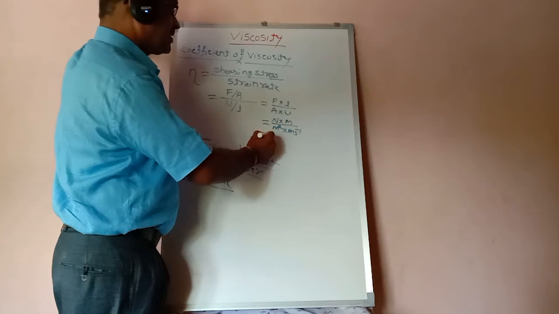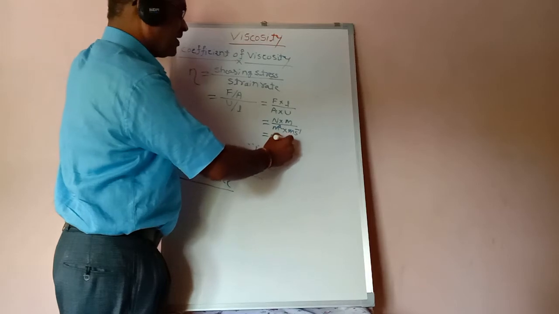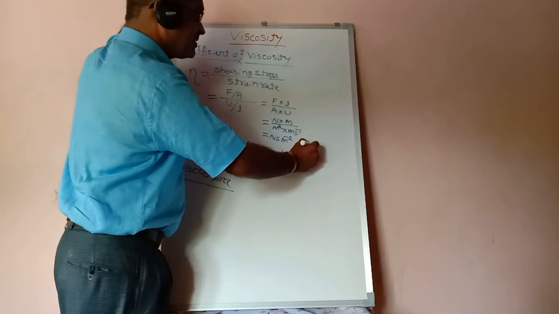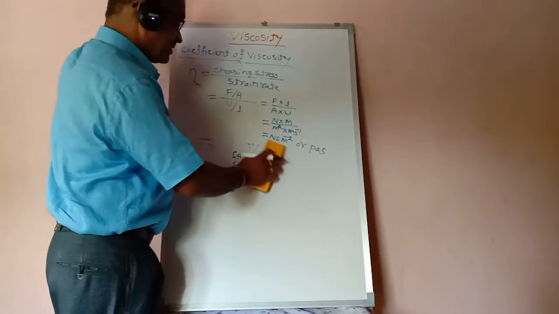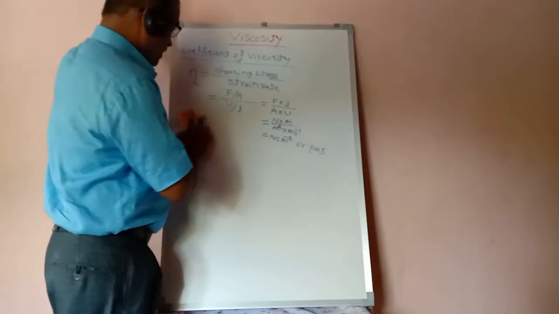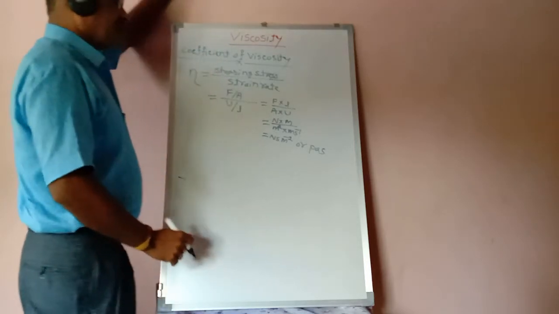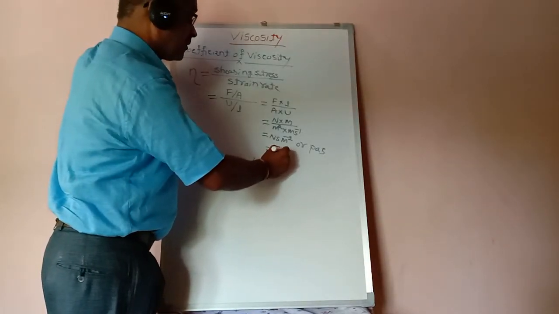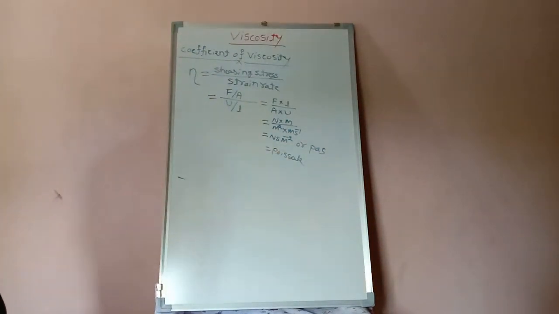Therefore, the unit of coefficient of viscosity is Newton second per meter square, or Pascal second. Another unit is Poise.